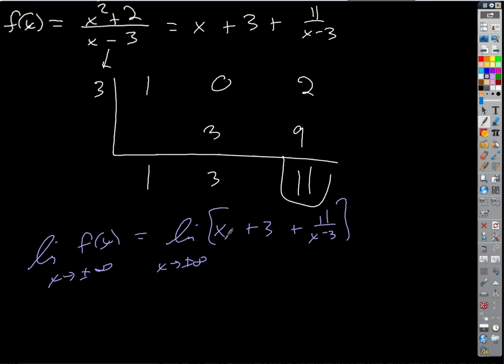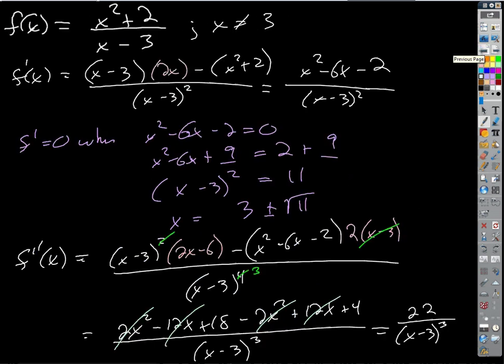It's not gonna have a horizontal asymptote. That one stays at 3. What happens to that one? That one goes to 0, right? So the limit is x plus 3. Now, that is infinite, but it gives us the shape of the infinity, right? It gives the shape of the asymptote that guides our growth. It's x plus 3. So we get a slant asymptote at y equals x plus 3.